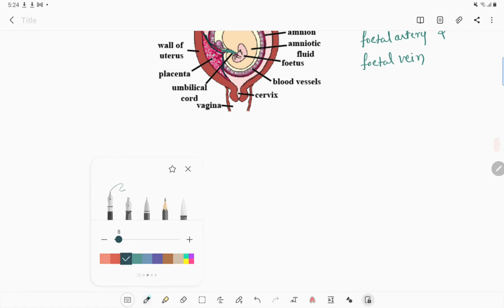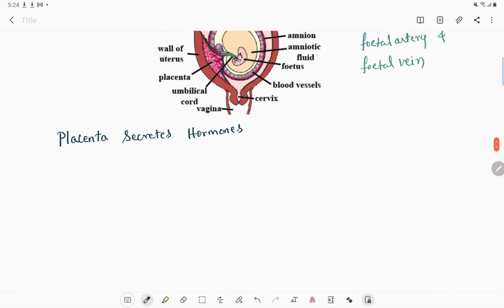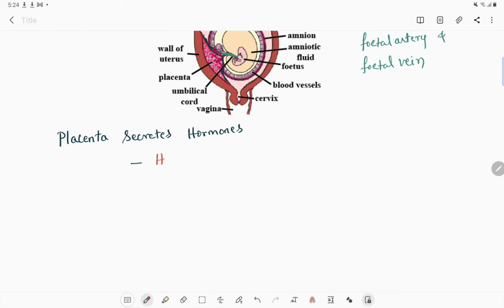Now let us see what the placenta is doing. The placenta also secretes hormones. What are the hormones secreted by the placenta?